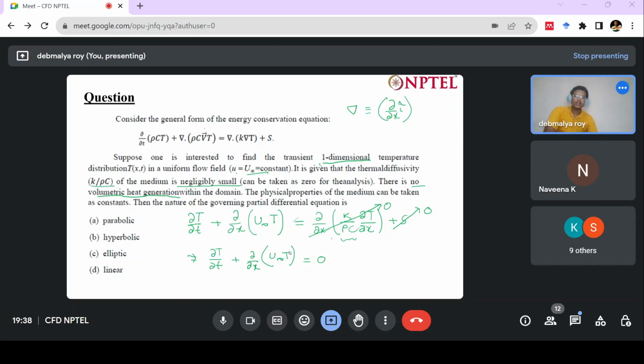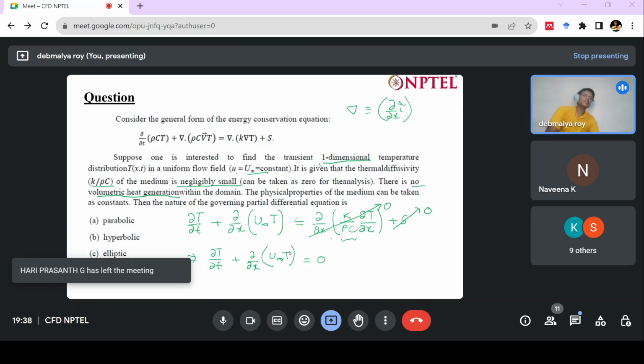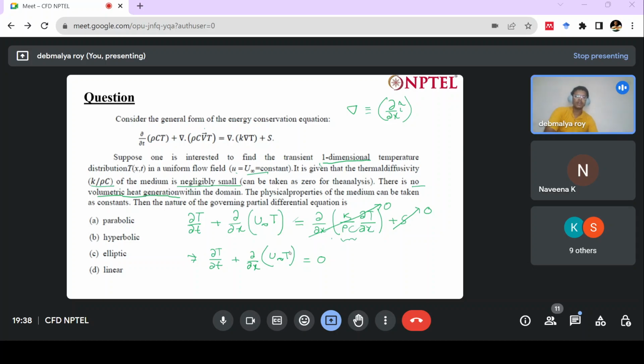It is that there are no characteristics in the domain, so the information travels at an infinite speed, and any disturbance is felt everywhere in the domain. The information reaches everywhere in the domain in an instant, and it is a boundary value problem.